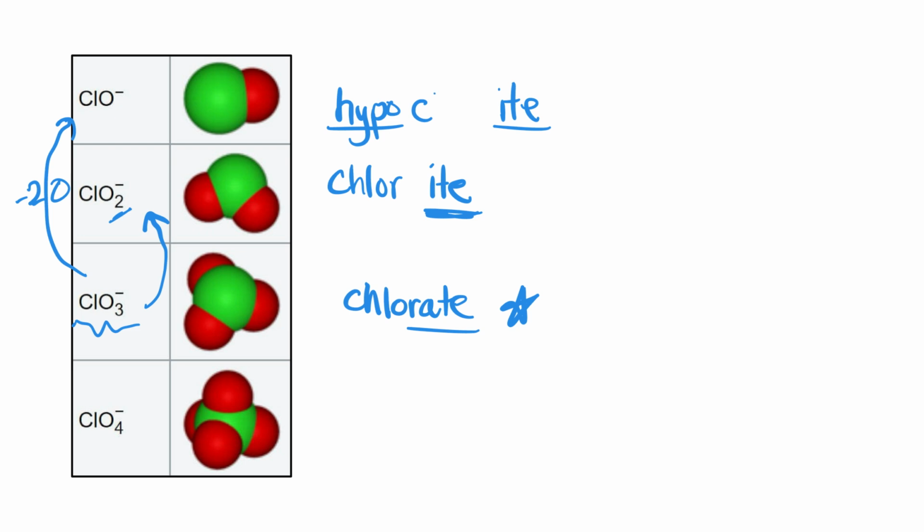So this becomes hypochlorite. And then finally, if you have one extra oxygen, going from ClO3 minus to ClO4 minus, the name changes by adding the per and then leaving the ending as ate. So this becomes perchlorate.